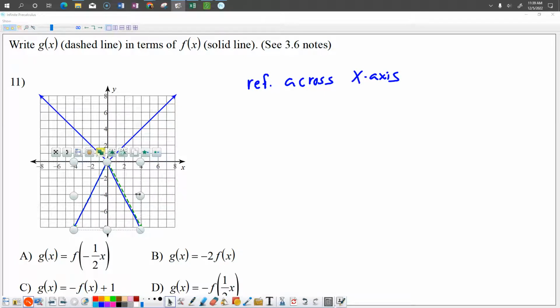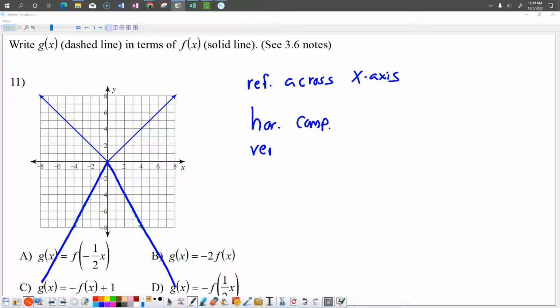Another way we could do this is if we take it and stretch it vertically, that'll also make it match. So it's either a horizontal compression or a vertical stretch.